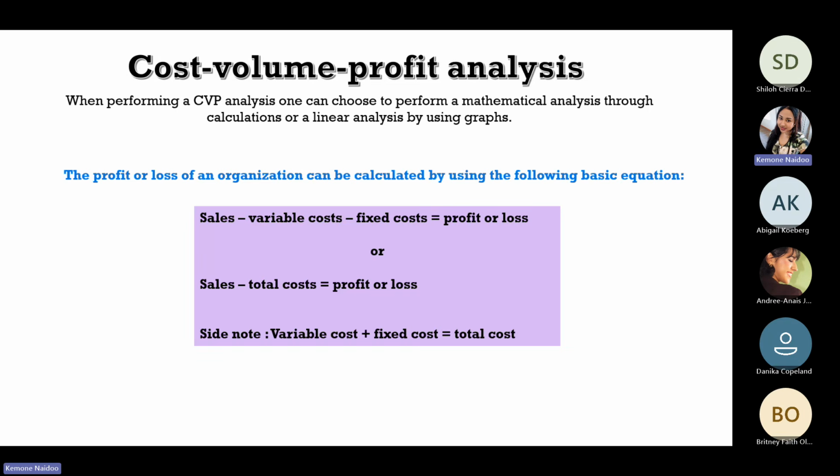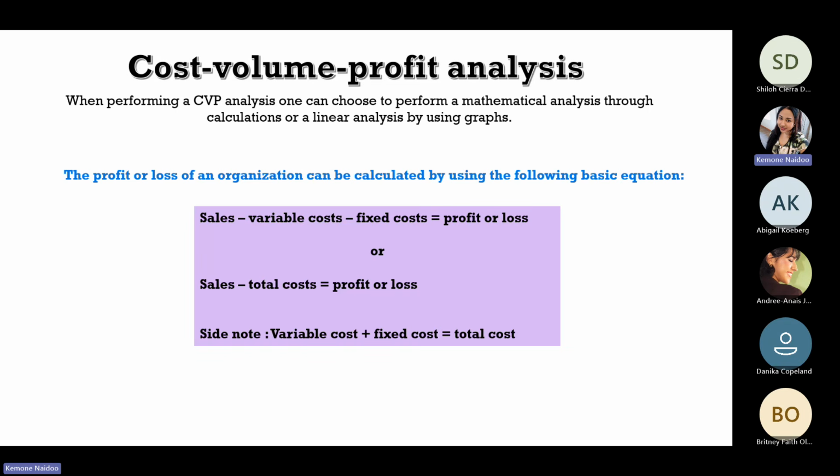Okay, and now looking at our cost volume profit analysis, sometimes known as CVP. So whenever we are doing this, now you are not required to know the graphs, but you still can learn the graphs because it does help you understand this a lot better.